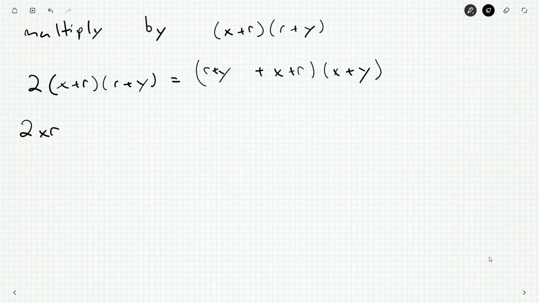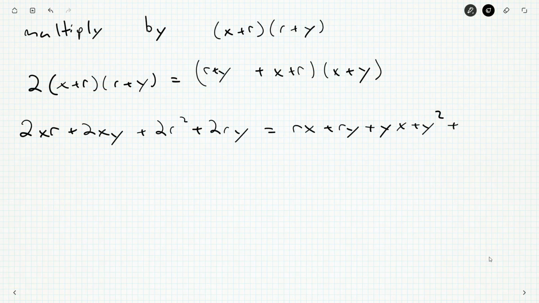So 2xr plus 2xy plus 2r squared plus 2ry is rx plus ry plus yx plus y squared plus x squared plus xy plus rx plus ry.